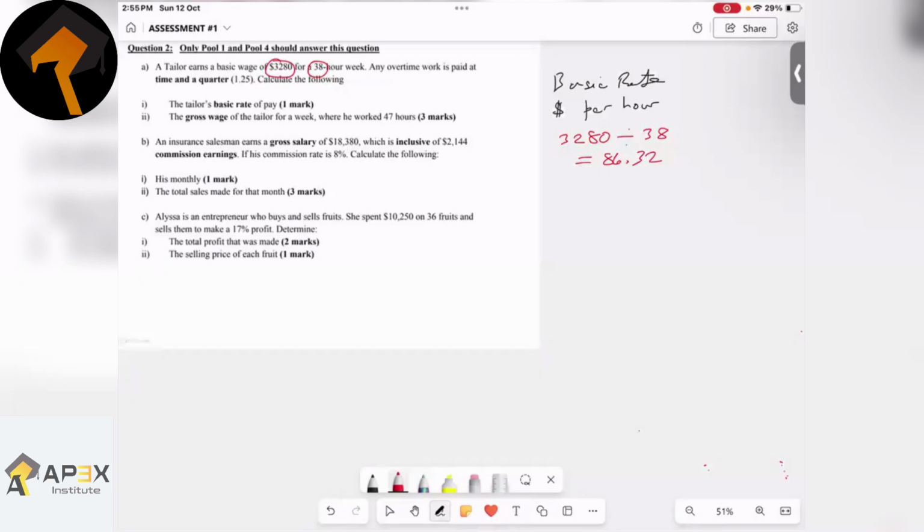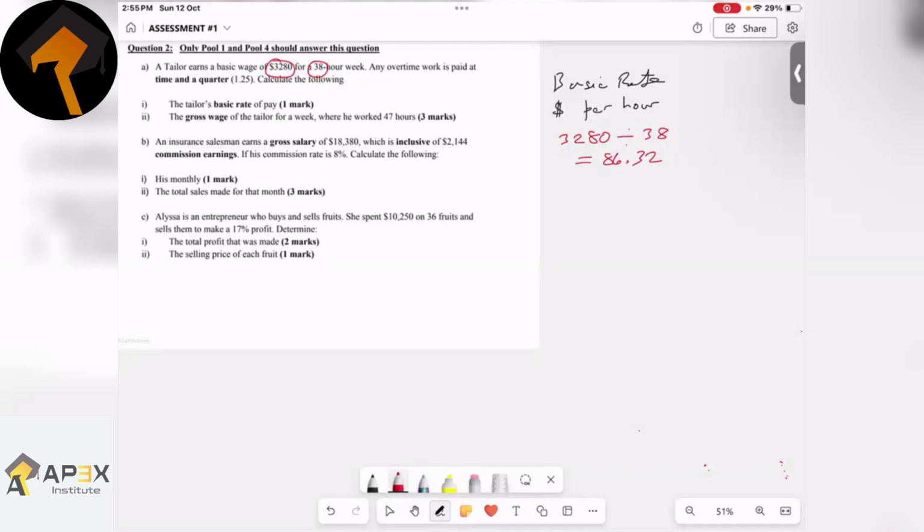Now, believe it or not, I found quite a few students subtracting the 38 from the 3,280, adding the 38 to the 3,280, and even as far as multiplying the 38 by the 3,280. Now, when you see a student do something other than what is expected, it goes to show that a student simply does not comprehend what the question is asking.